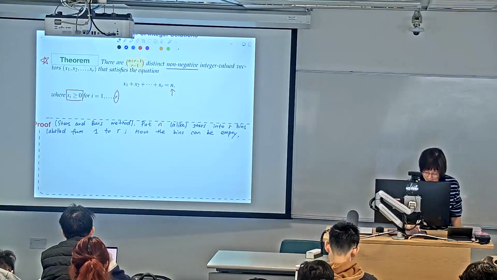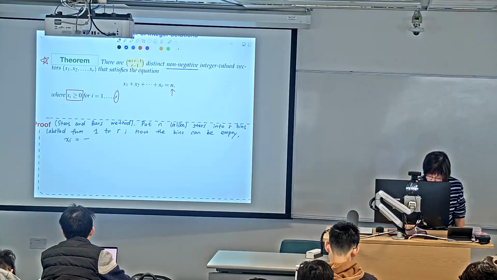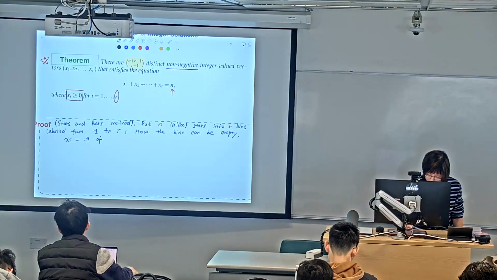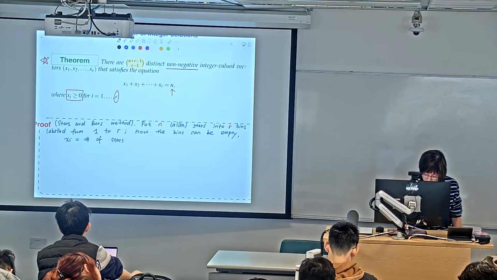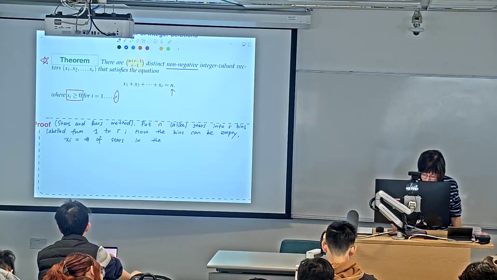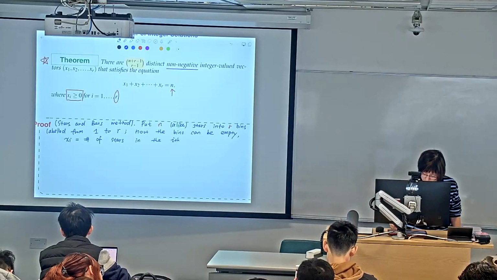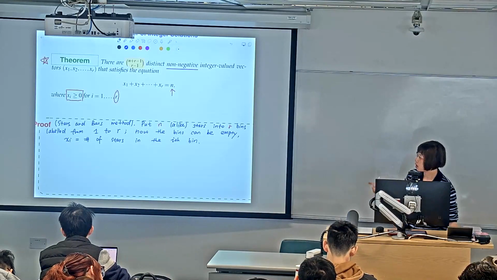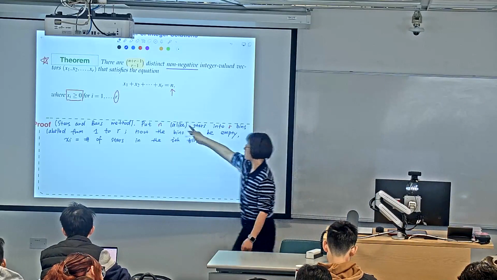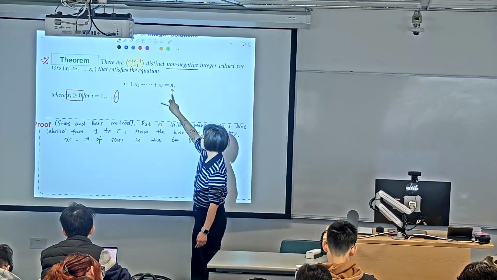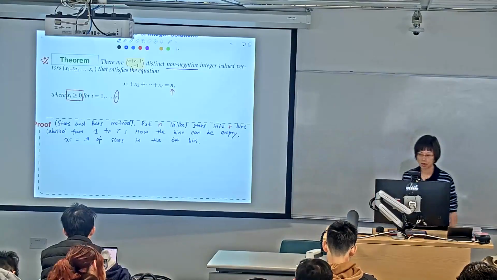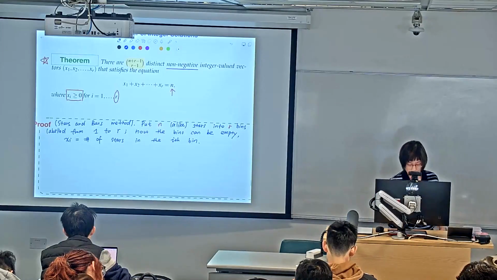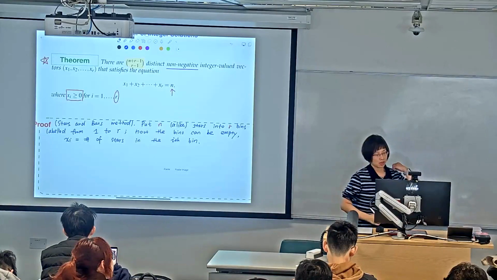And still, if you let xi be the number of stars in the i-th bin, then we know that the sum x1 plus x2 up to xr equals n, and also the xi's are non-negative integers. So these two problems are equivalent.